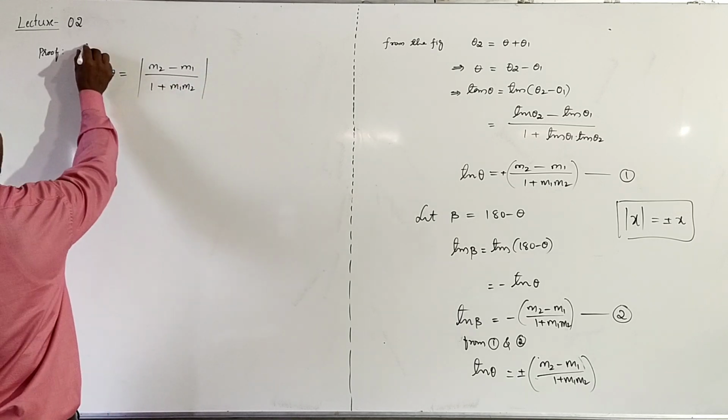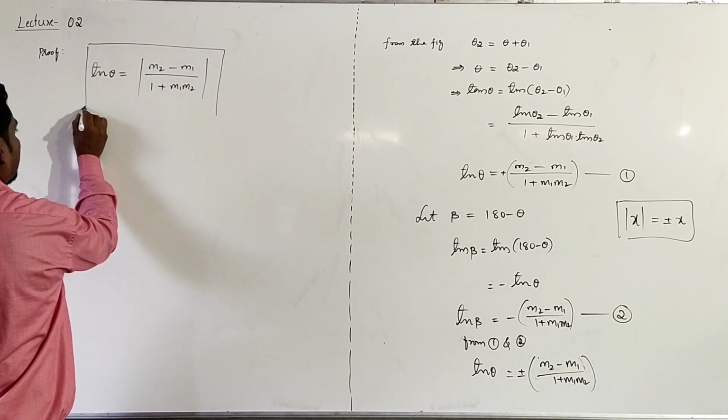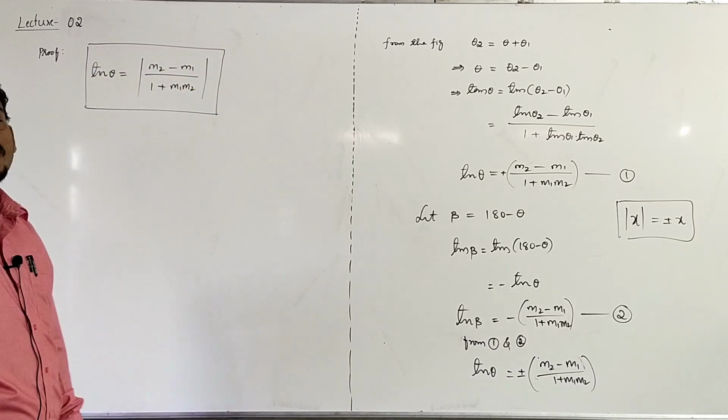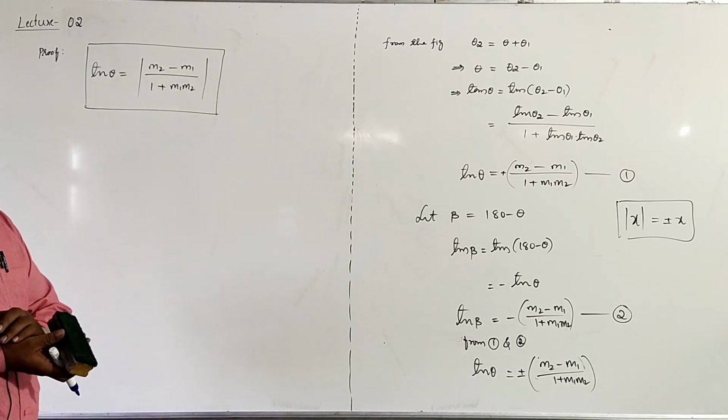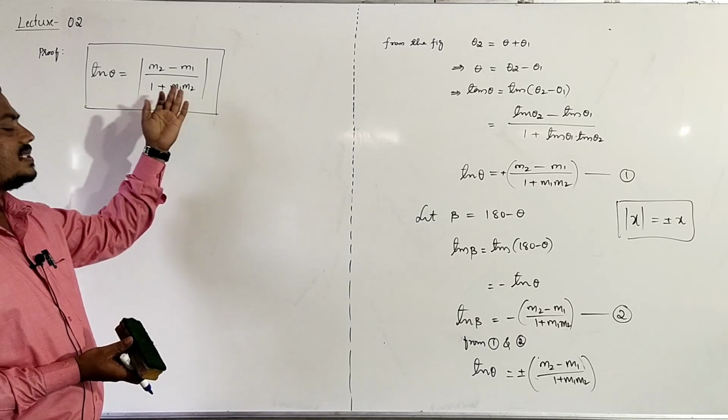This is the formula for the angle between two lines, right? Angle between two straight lines. Modulus of m2 minus m1 divided by 1 plus m1 m2.